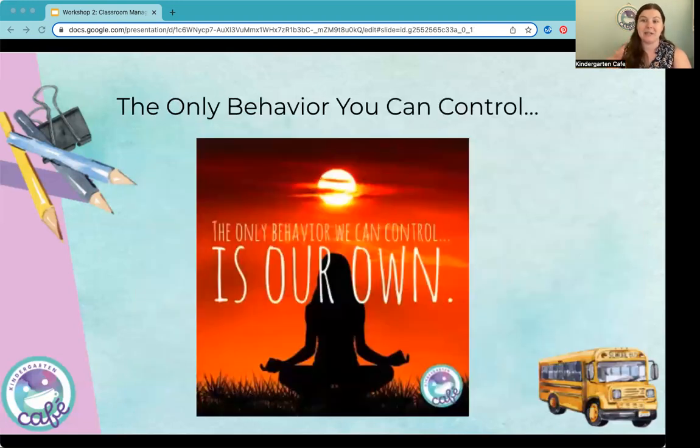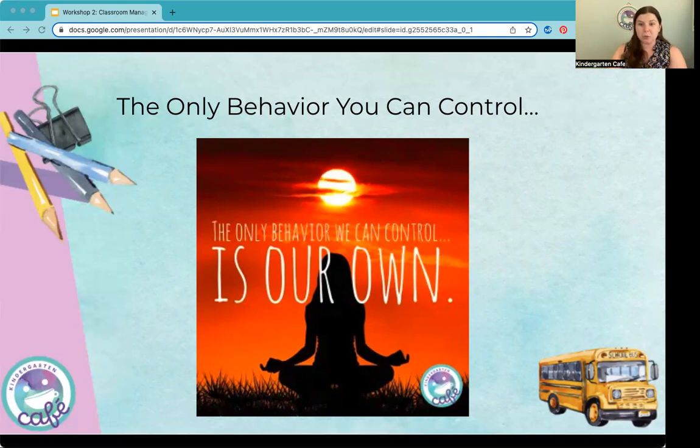So the second thing that I really want you to walk away with and remember is the only behavior that you can control is your own. You can guide and support behaviors all you want, but at the end of the day, the only behavior that you can actually control is your own.